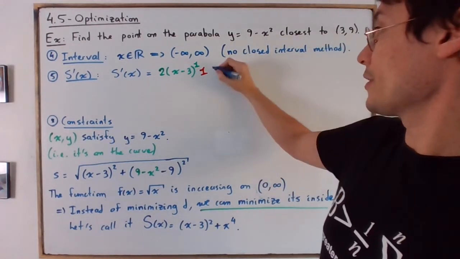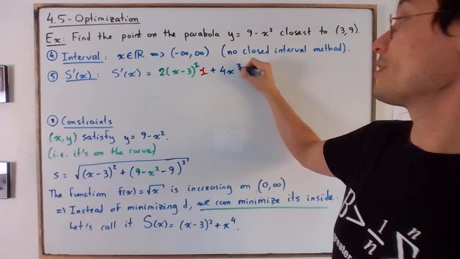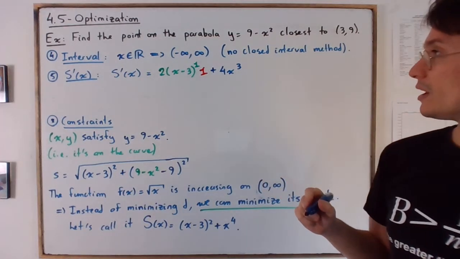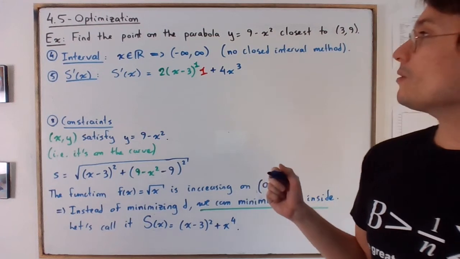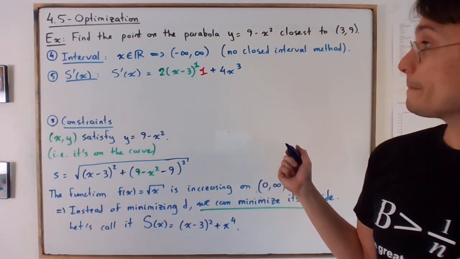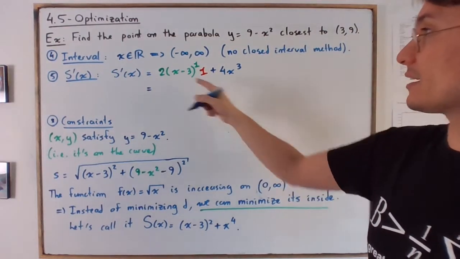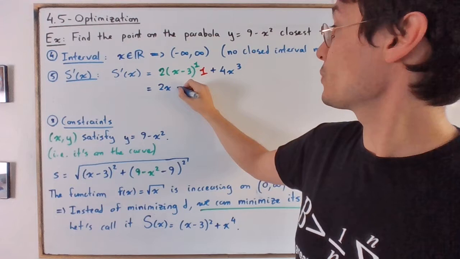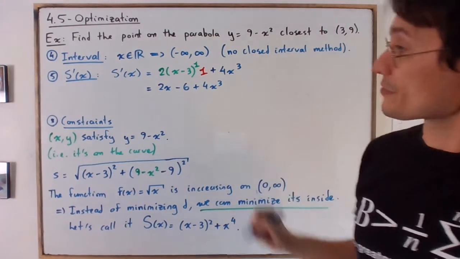And then we're taking the derivative of this guy, which is 4x to the power of 3. All right. And now let's see what we get from here. So we get twice the x, so 2x. Then we're going to have minus 6 plus 4x to the power of 3.